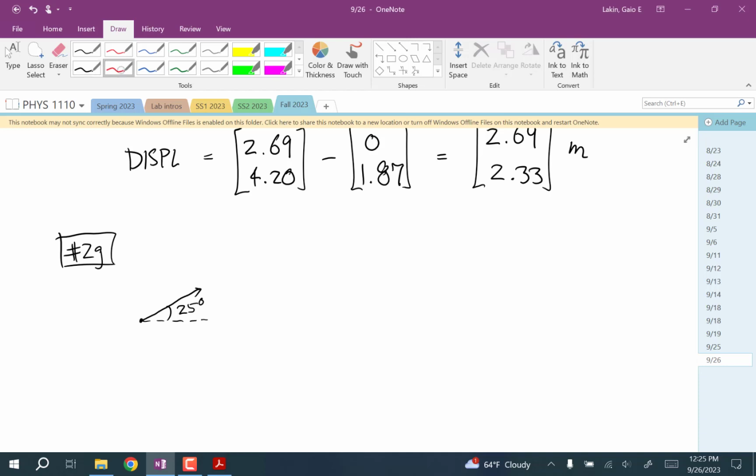So this path is going to go something like this. It'll start out with that velocity vector as tangent to it, and then it'll do this. And this is 1.8 meters.